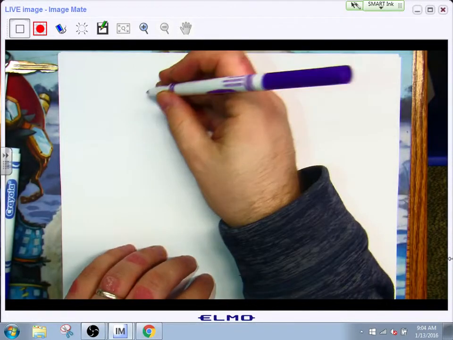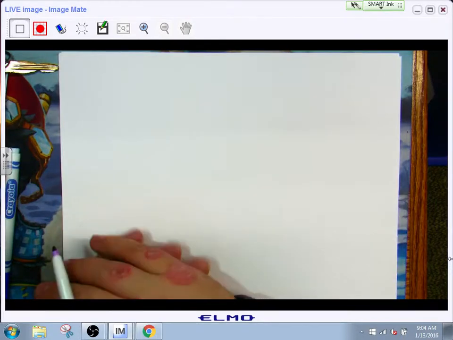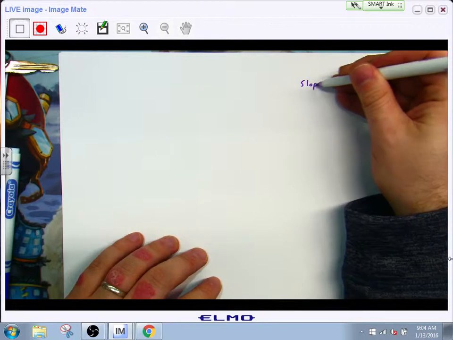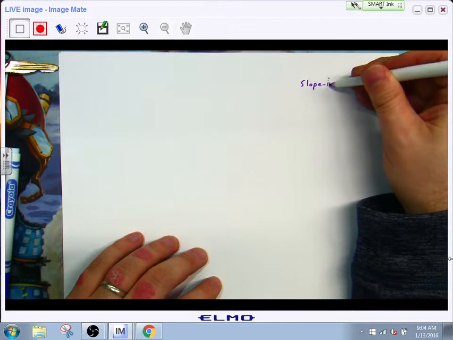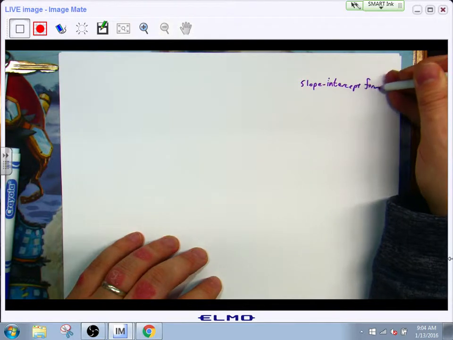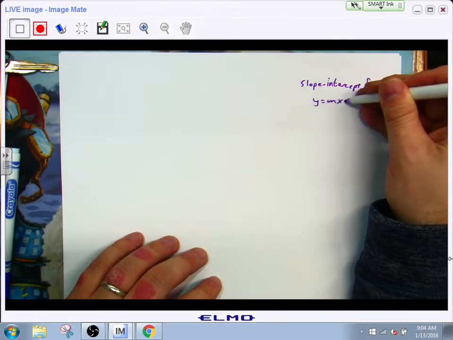Up to this point, when we've been talking about linear equations, we've been talking about things like slope-intercept form, which is y equals mx plus b.